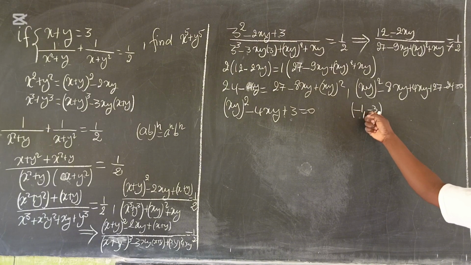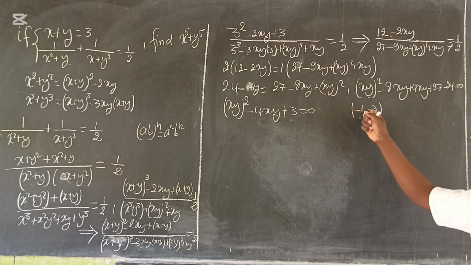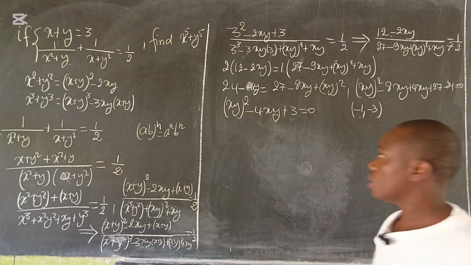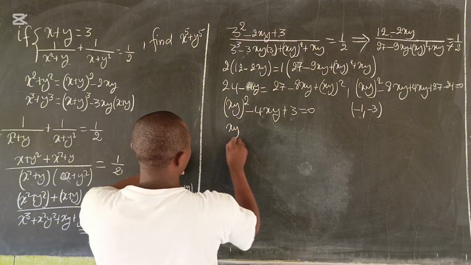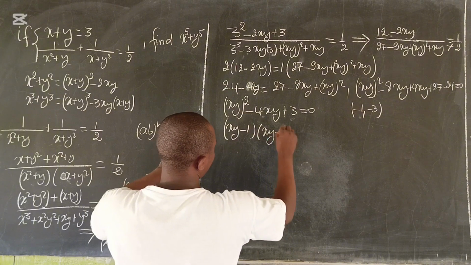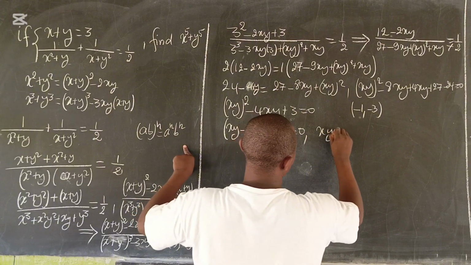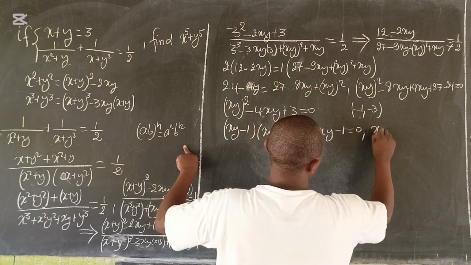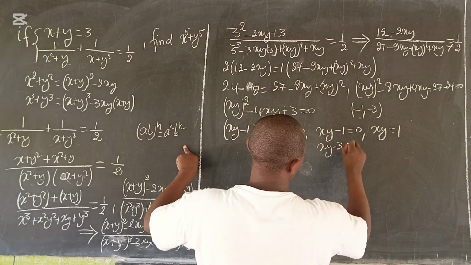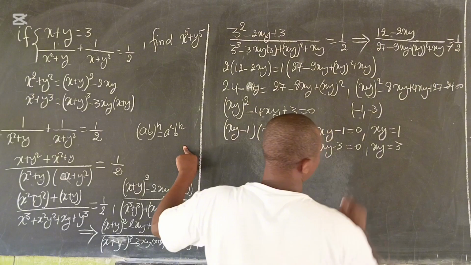Minus 1 times minus 3 will give 3. Minus 1 plus minus 3, this will be minus 4 as it's here. So we have xy minus 1 into xy minus 3, which is 0. xy minus 1 is 0, here xy will be 1. xy minus 3 is 0, xy will be 3.